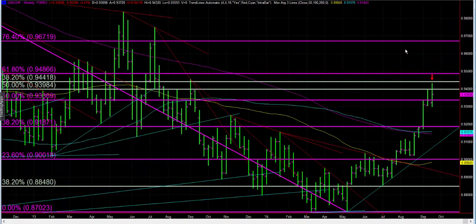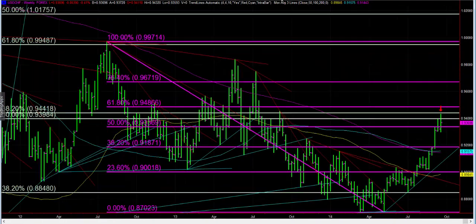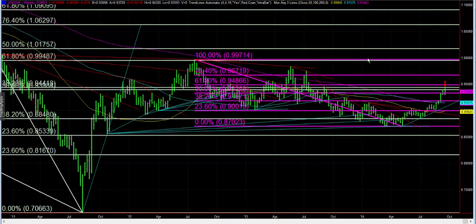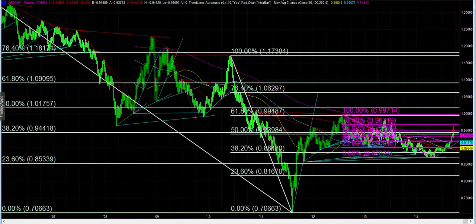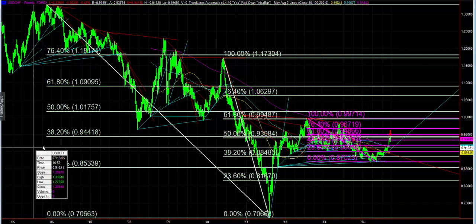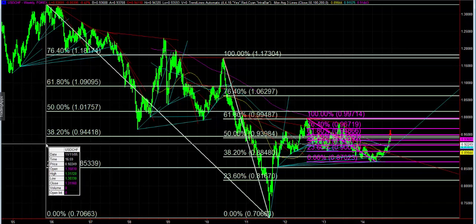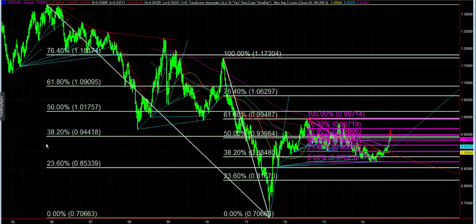Moving over to the weekly chart, we can see that the dollar met with some resistance here. We want to figure out why that is. When we scroll back to our historical charts here, we can see that starting in November or so of 2005, we were at a relative high, and then taking that down to a relative low in 2011.